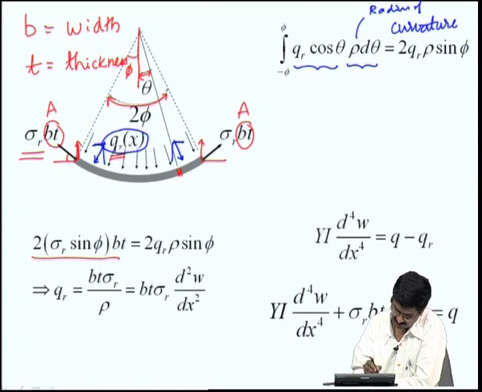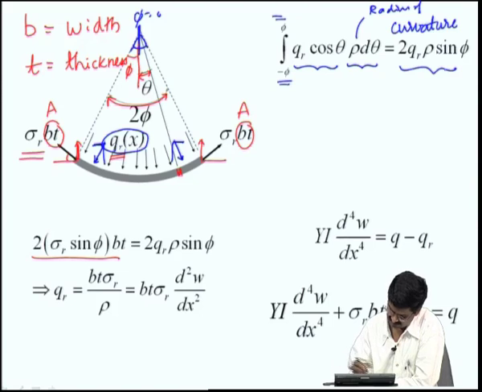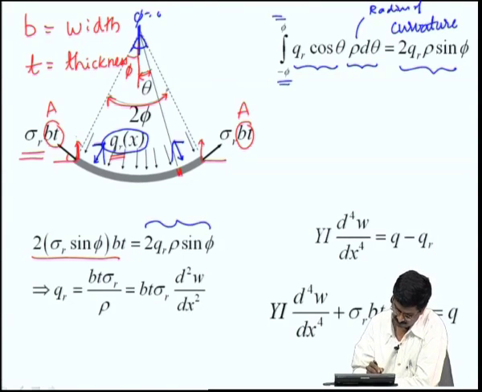If you integrate from minus phi to plus phi, the central line is where you have phi equal to 0, this line, and when you have to go from here to here, minus phi to plus phi, that is what is shown here. Then if you integrate it, you will get this, that is what we have equated. So, the vertical upward force should be equal to the downward force.